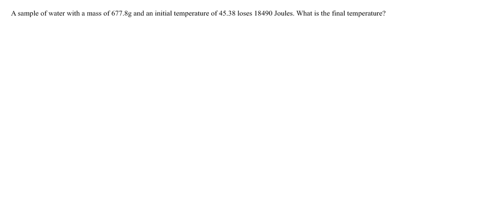A sample of water with a mass of 677.8 grams and an initial temperature of 45.38 loses 18,490 joules. What is the final temperature? Now, remember, when we're doing temperature, change in temperature is equal to temperature final minus temperature initial. Okay, this is going to be important for the end of this portion of the problem.